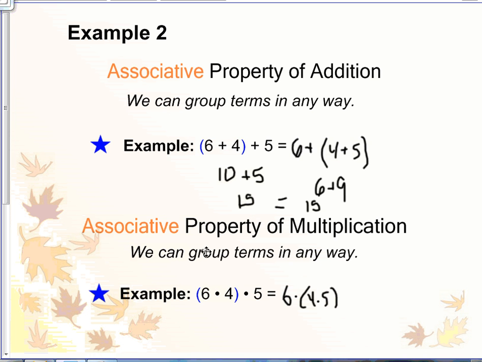Oh, excuse me. And then we would multiply that by 5, and 24 times 5 would be 120. All right, so we would have 120 on this side, and then 4 times 5 is 20 times 6, which would also be 120. All right, so that's the associative property.